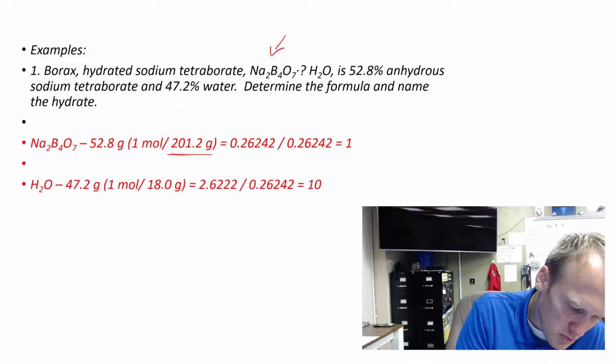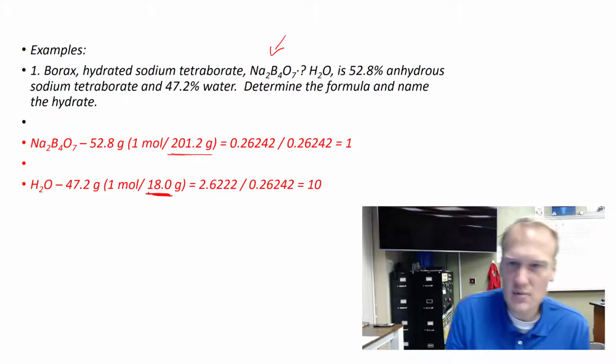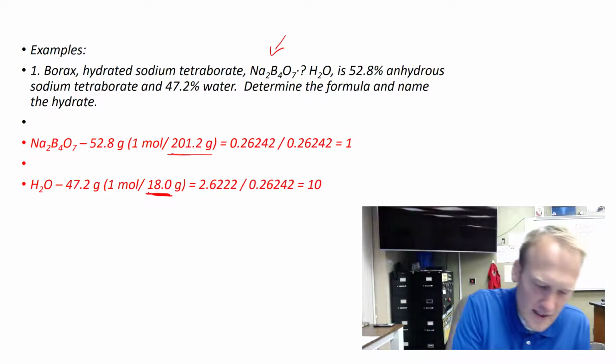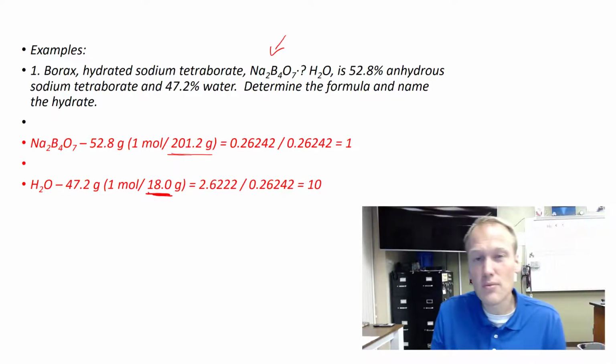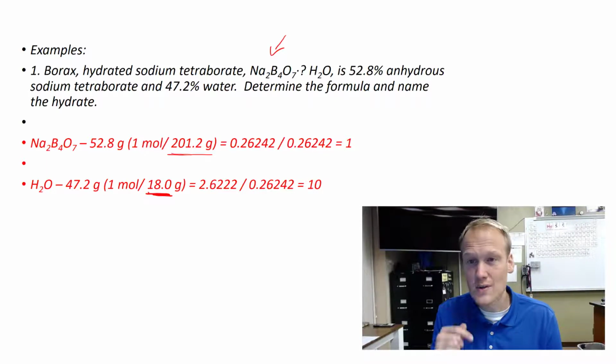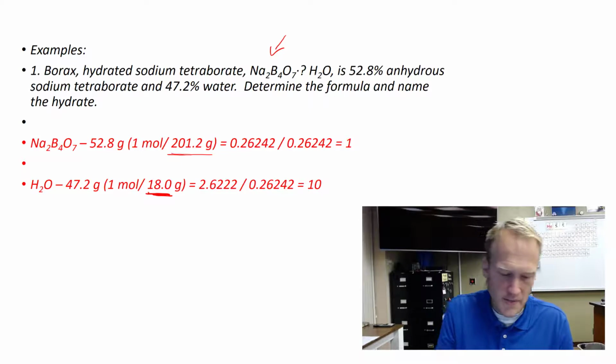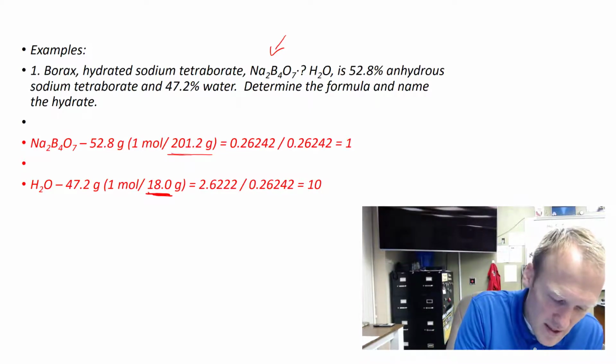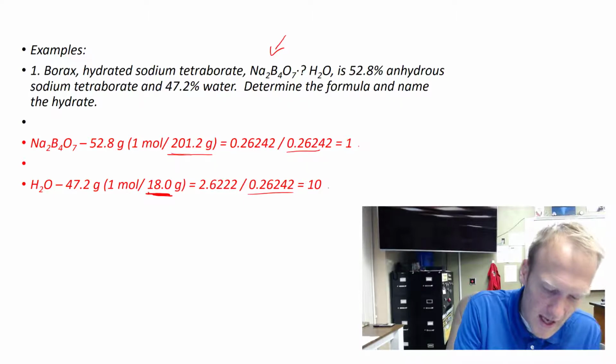Then you take 42.2 grams of water and you divide by 18, which is the molar mass for water. And that gives you 2.6222 moles of water. So that's our mole ratio, 0.26 to 2.6. Then we divide by the lowest number of moles so that we can get to whole numbers, and we get 1 and 10.